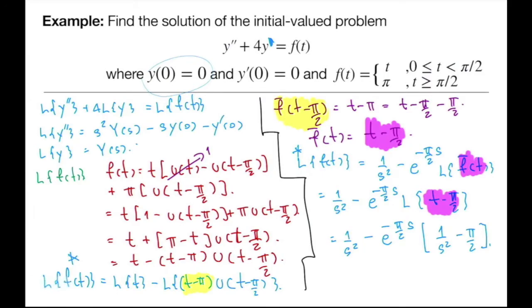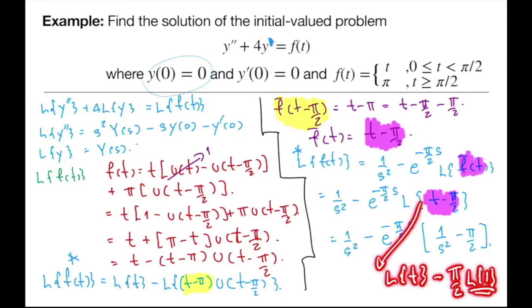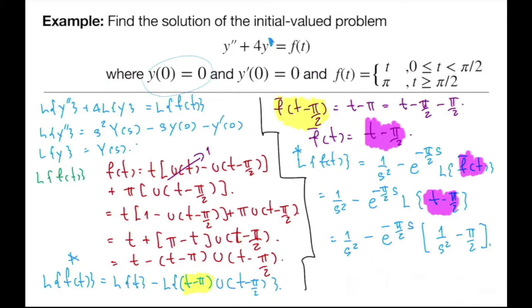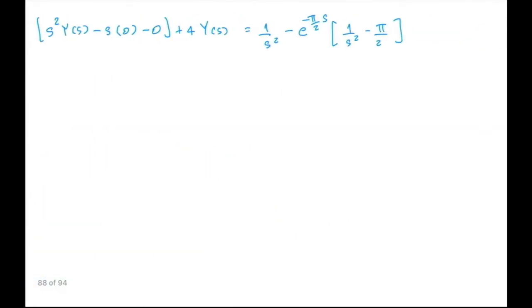Here, right here, it is the Laplace transform of t minus half pi times the Laplace transform of 1, right? The Laplace transform of 1 here is 1 over s, if you look at the table. So I should have had 1s here. My bad, sorry. So there should be an s here.